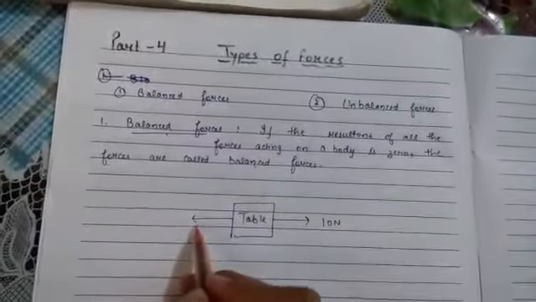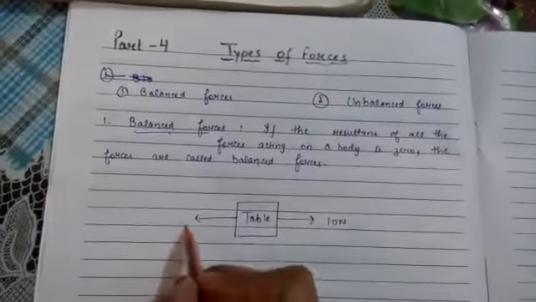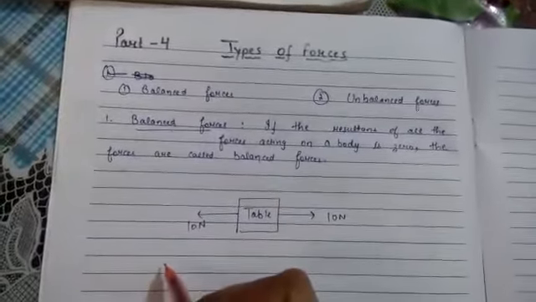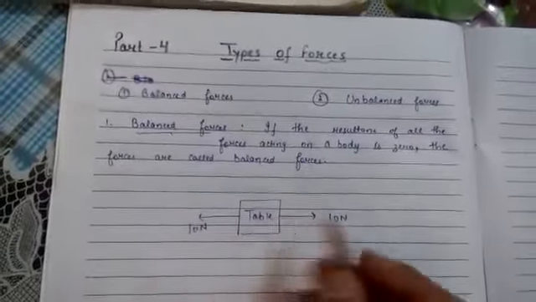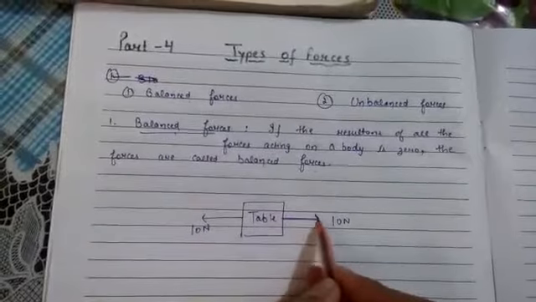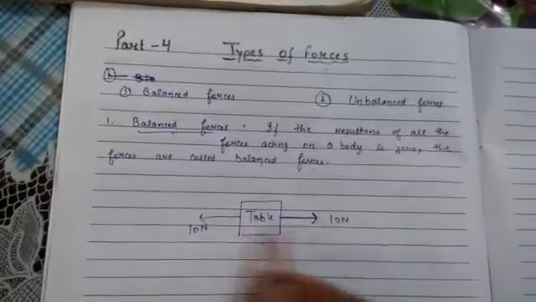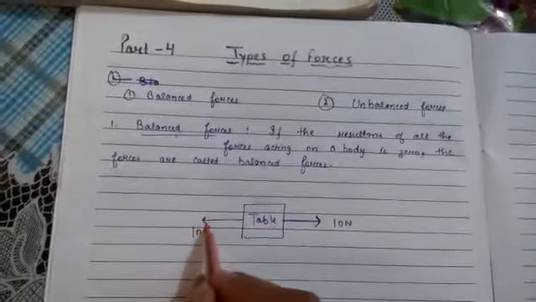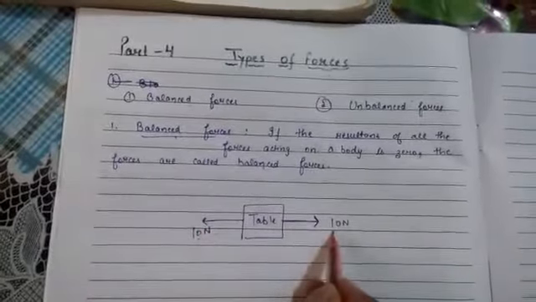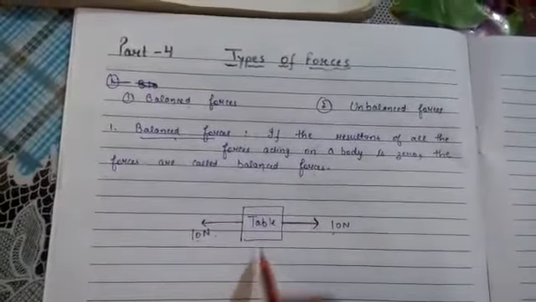If this student is also pulling this table with 10 Newton force, then we can say they are in opposite directions. This force is to this side and this another force is in the opposite side. When two forces are in opposite sides, they will cancel each other.